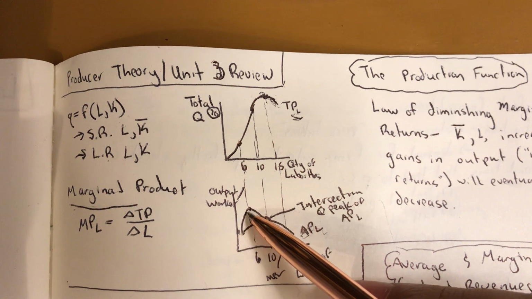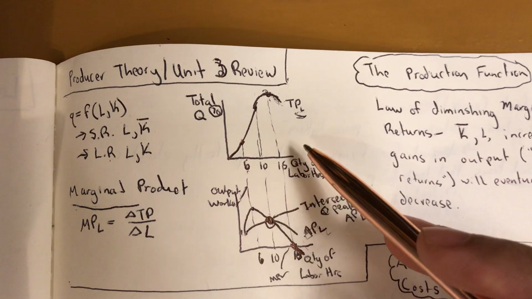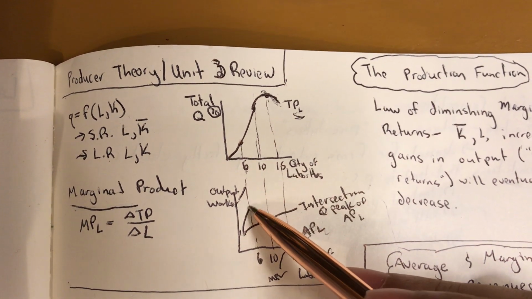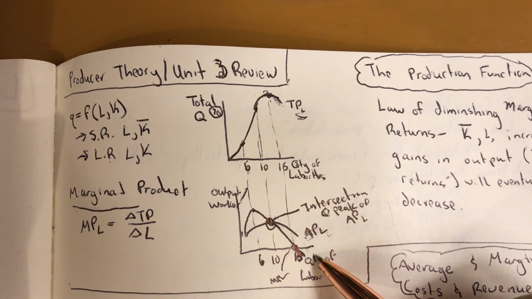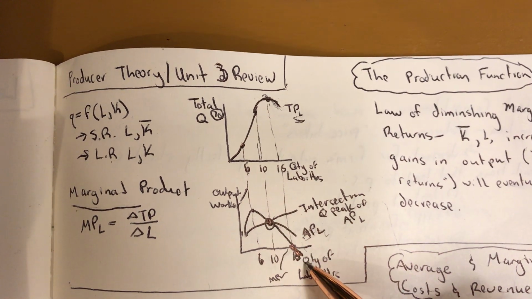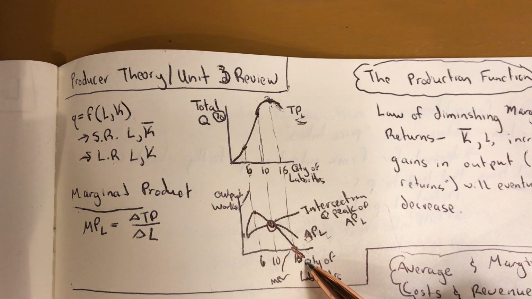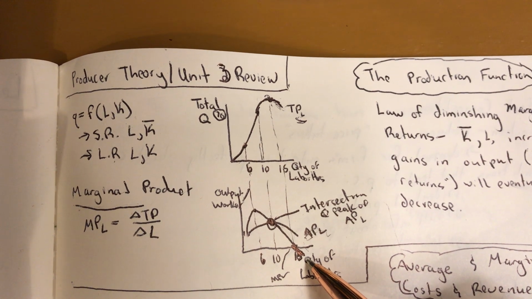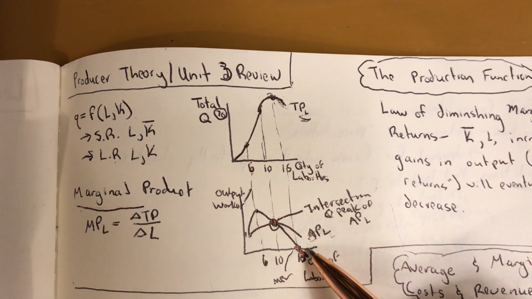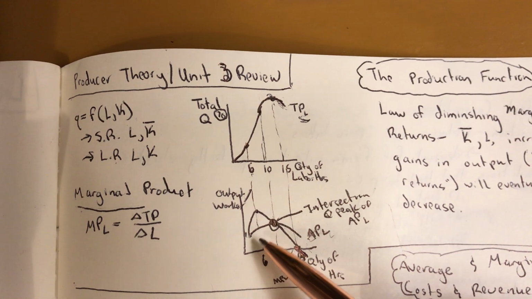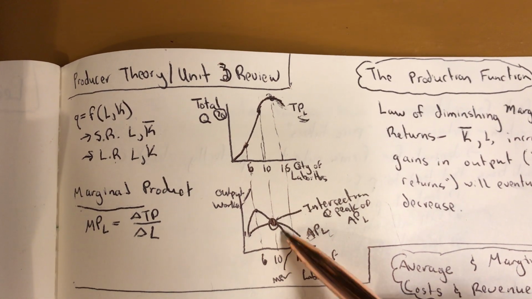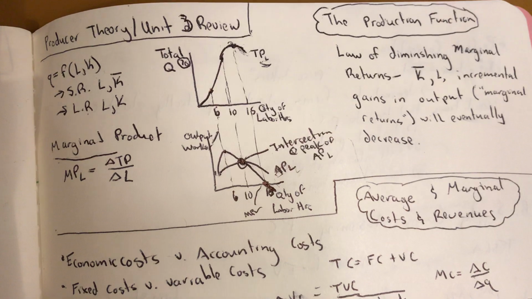Maybe it really, really helped him, and he was able to more than double output. But that third laborer, that's when you start experiencing diminishing marginal product of labor, right? And then we have a downward sloping marginal product of labor curve, right? So that's significant.